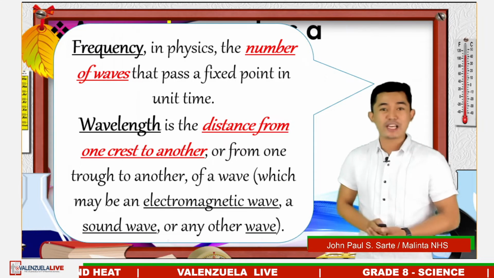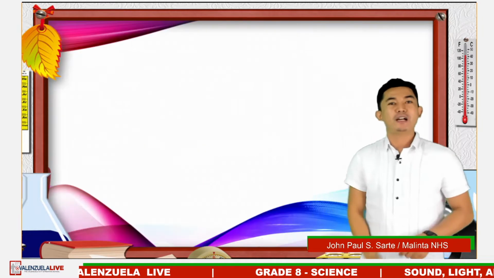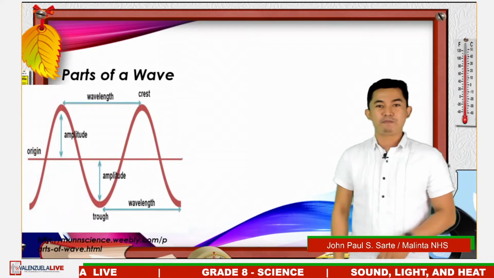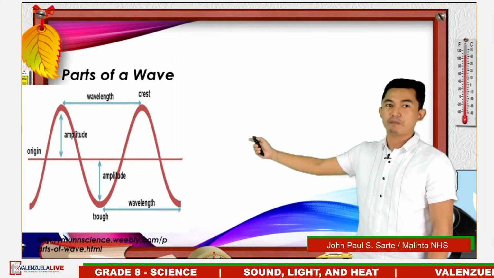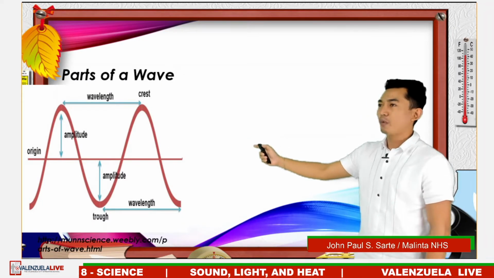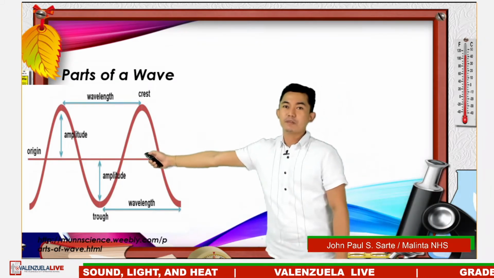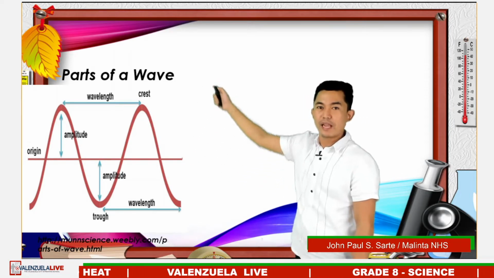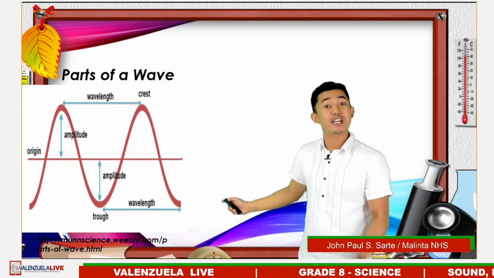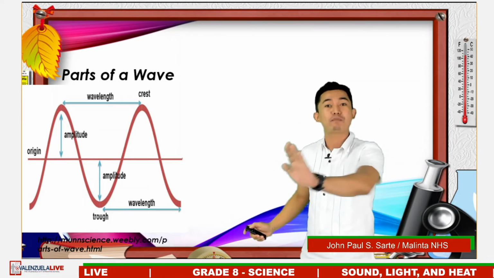If it's quite confusing, I prepared here the parts of a wave. As you notice on the picture shown on the screen, we have several parts. We have the origin, which is on the midline. We have the wavelength, which is the distance from one crest to another or from trough to trough.